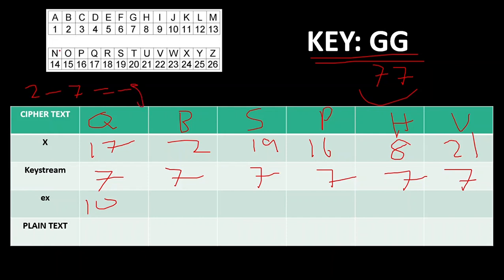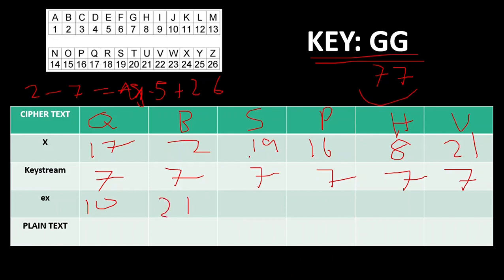And -5 is not in this table. So what we're going to do is add 26. And therefore it's going to be 21.